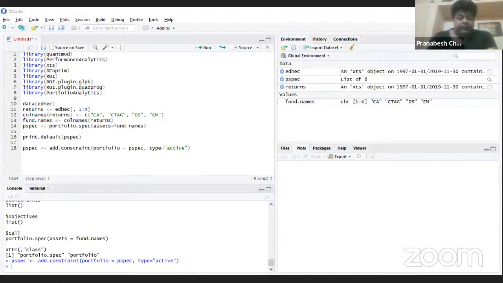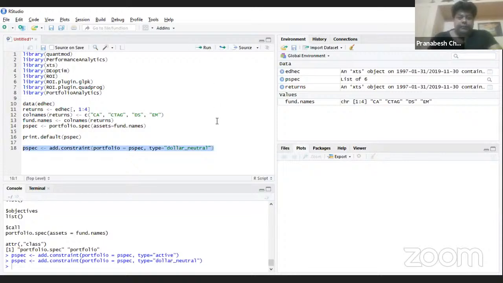You remember we had given weight_sum equals to 0, where we are taking both long and short positions in our portfolio. This is another way to write it: dollar_neutral, which is the same as active. It does the same thing.